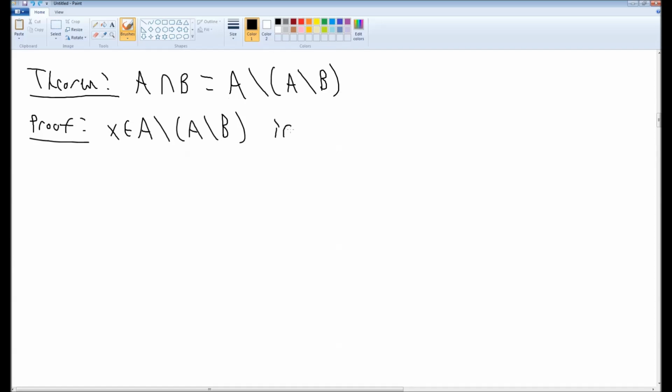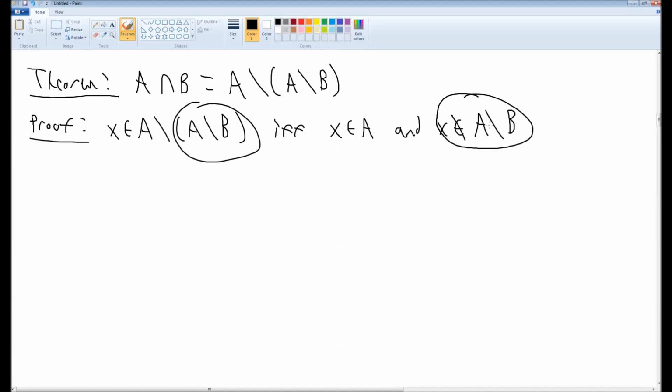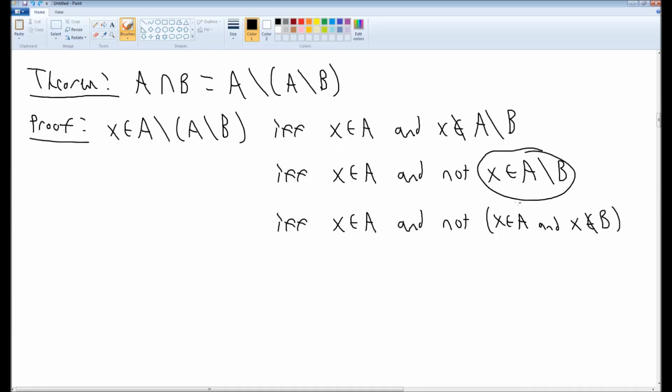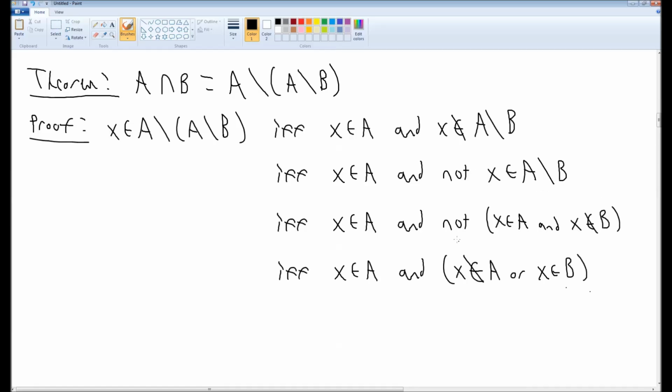Well, what's that the same as saying? Saying X is in this set is the same as saying X is in A and X is not in this set. Let me rewrite X as not an element of this set like this. Well, this part can be rewritten like this. Well, here's the thing.